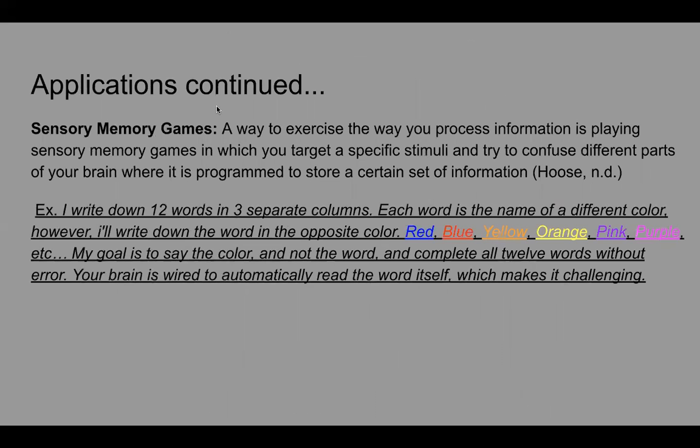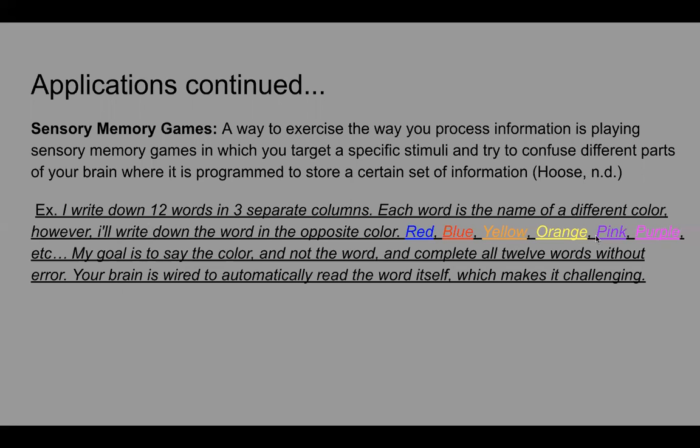Sensory memory games. A way to exercise the way you process information is playing sensory memory games in which you target a specific stimuli and try to confuse different parts of your brain where it is programmed to store a certain set of information. An example: I write down 12 words in 3 separate columns. Each word is the name of a different color. However, I'll write down the word in the opposite color.